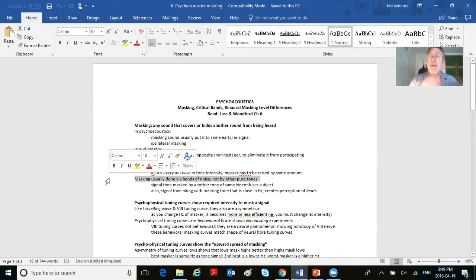Here's another thing. Masking is usually done by bands of noise. Bands of noise. Now, how can I show that here? Well, pretend you've got a signal, okay, like this. It's a tone. To mask it, okay, to mask it, we're going to use a band of noise in front.